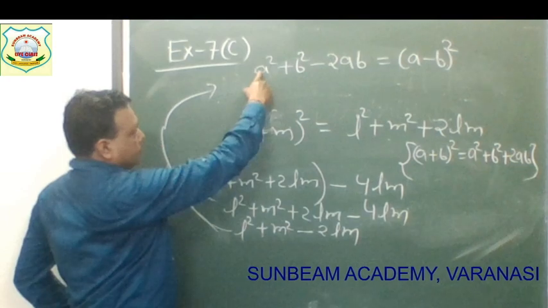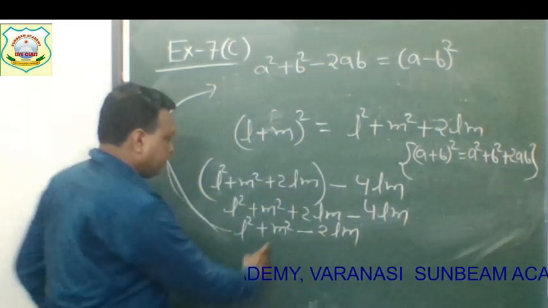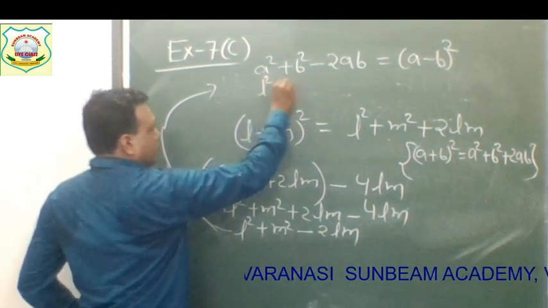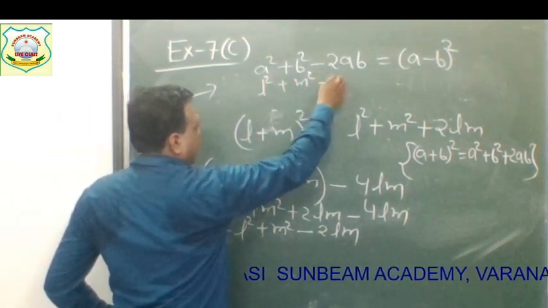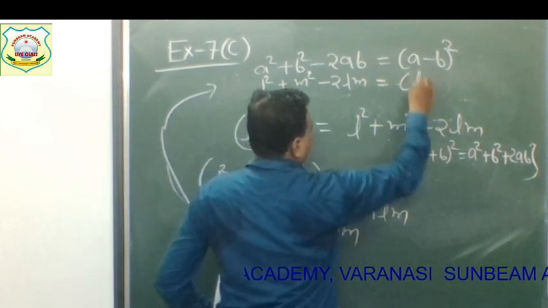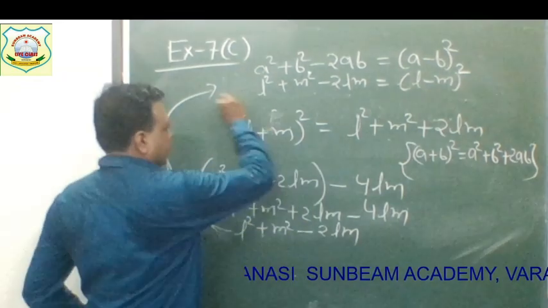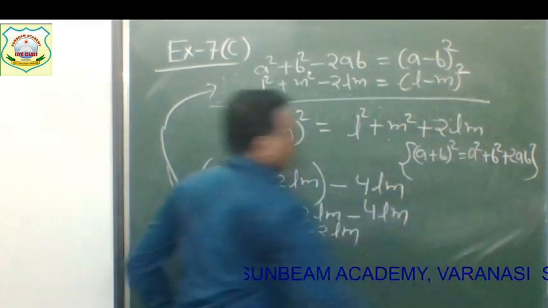A square, b square and minus 2ab. Same we will write here, l square plus m square minus 2lm. So what we will get? L minus m whole square. It will be your answer, students.